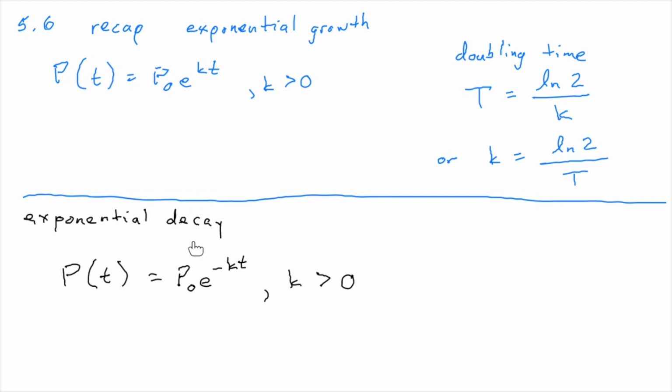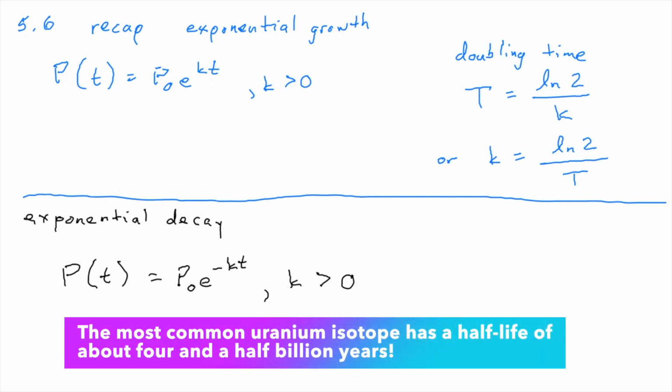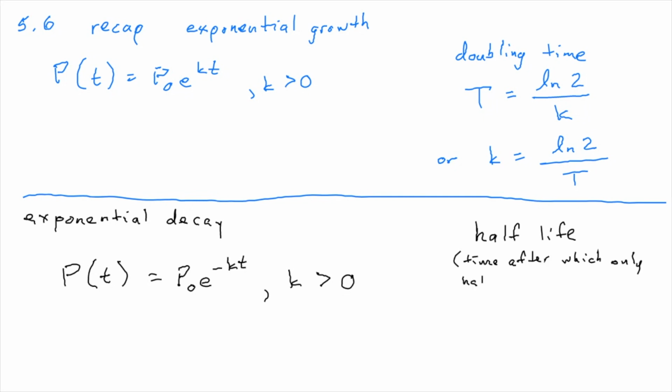And you cannot predict which particle it will be, but some particles over time will decay. And if you wait long enough, so much has decayed that only half of it is left. And that time is called the half-life, time after which only half the original material remains.